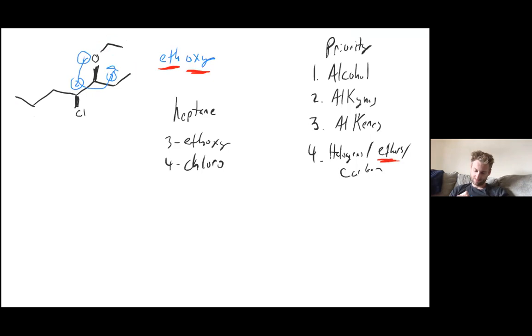This is going to be S. Over where our Cl is, chlorine, carbon bond to oxygen, carbon by itself, also going counterclockwise, also S. We'd refer to this as 3S, 4S. Putting things in alphabetical order, so C comes before E: 4-chloro, 3-ethoxy, heptane.